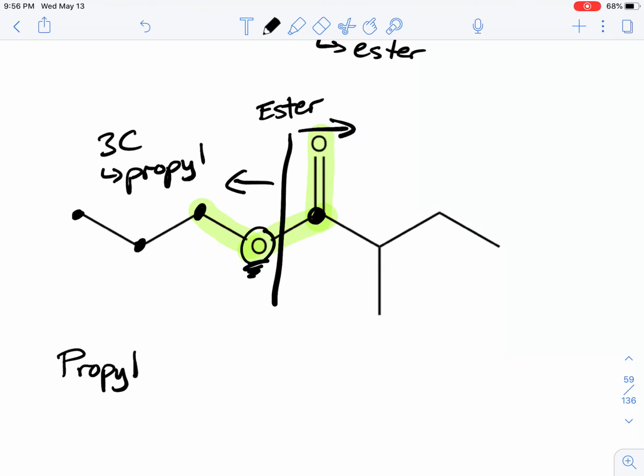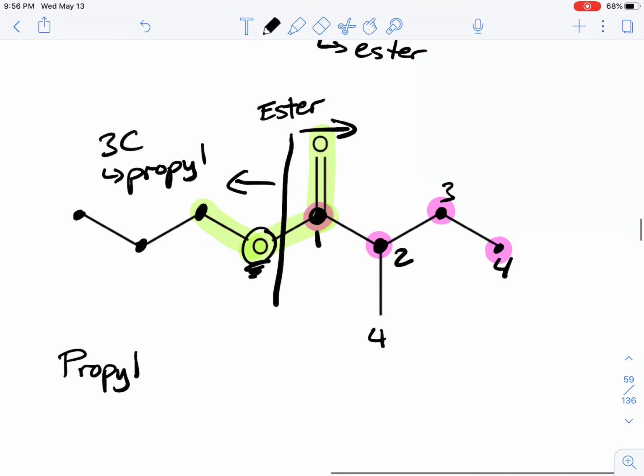Now looking to the right of this ester, we have a 1, 2, 3, 4 carbon compound. And so I'll go ahead and mark my carbons in pink. I know that a 4 carbon chain is going to be but-.